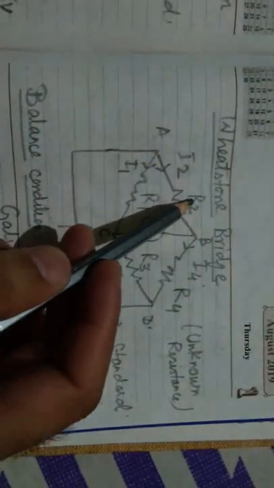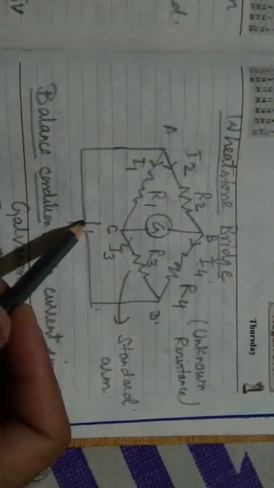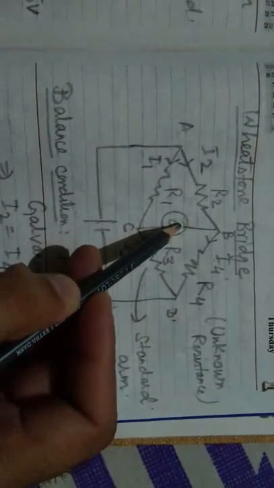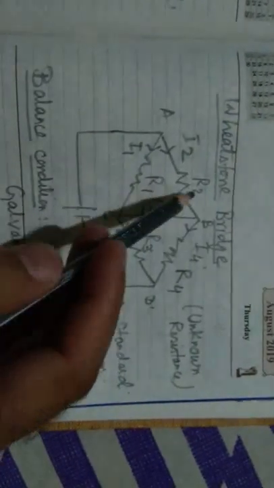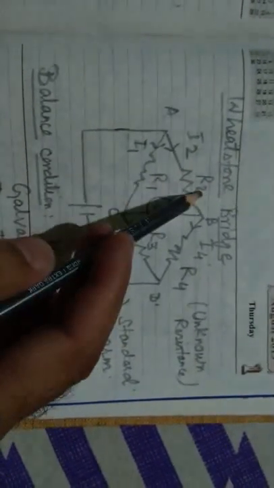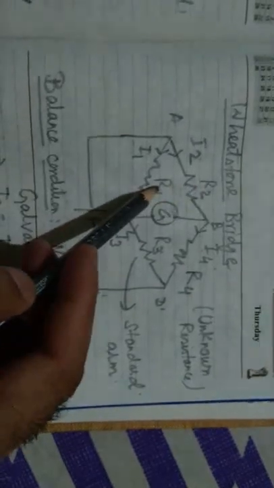Now, Wheatstone Bridge is an assembly of four resistances, one battery and one galvanometer. In this assembly, these resistances are known to us, or their ratio is known to us.